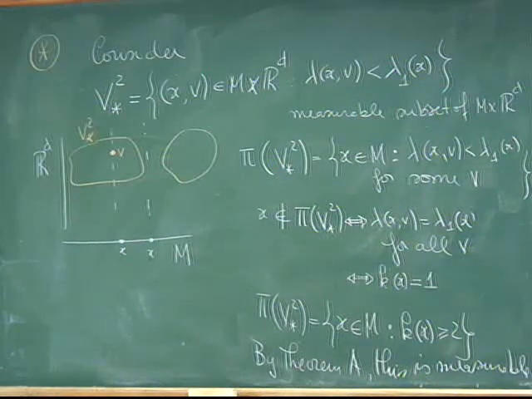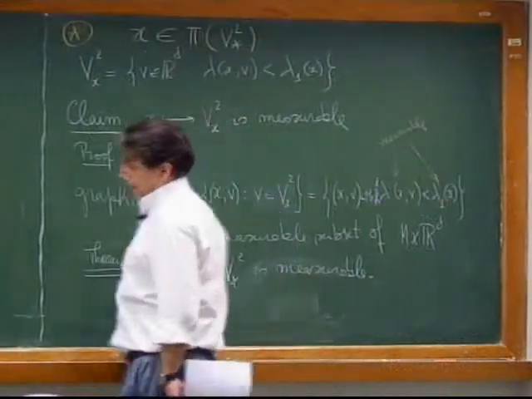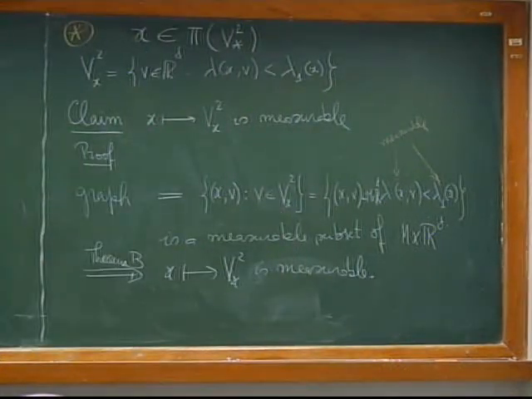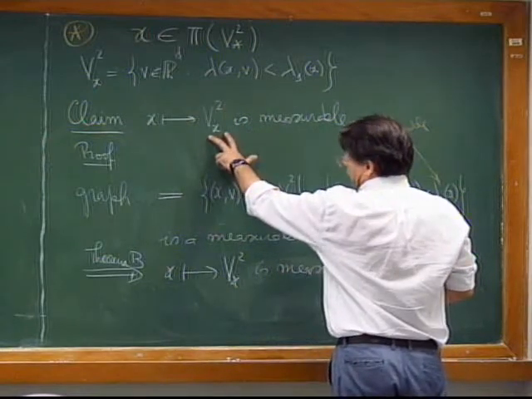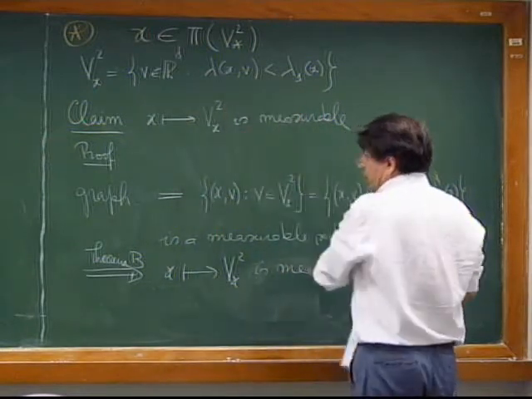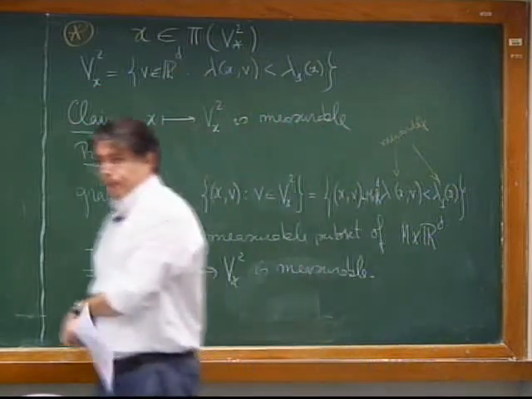So here we take x in the projection of V2 star, then for such points this is non-empty, and that's where this is a subspace, and that's where we prove that we have measurability.